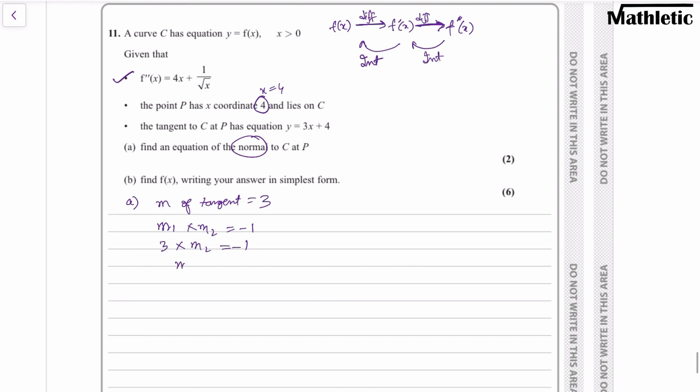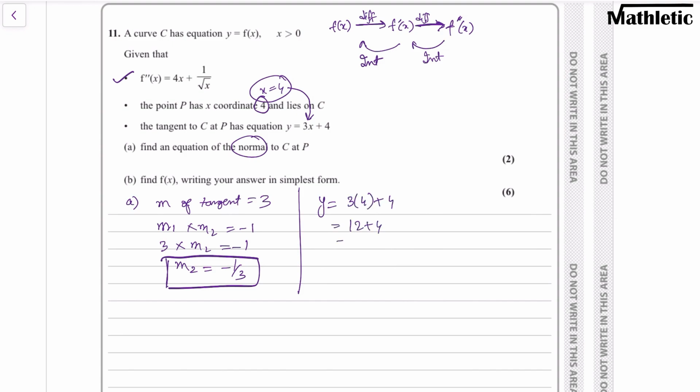You can directly use minus 1 by 3, or you can also show these steps. And next we need the coordinate. The x coordinate is given, so if we substitute the x coordinate in this equation, y equals 3 into 4 plus 4, so 16. So the coordinate is 4, 16.